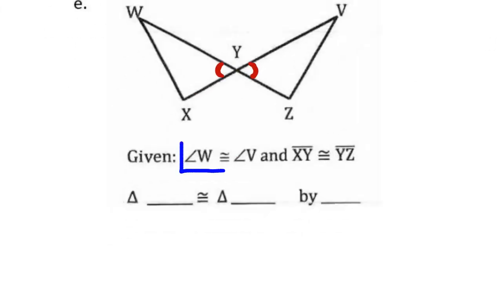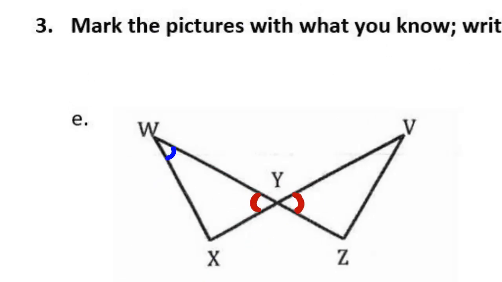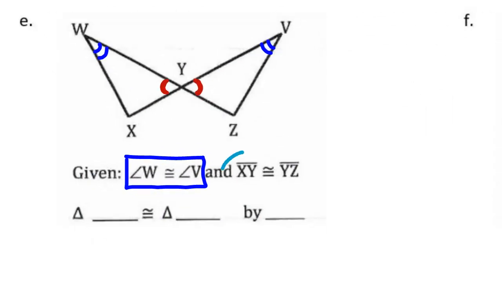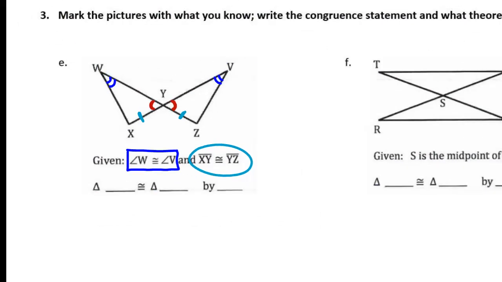It tells me that angle W is congruent to angle V. So here's angle W, here's angle V. And then I'm told that XY, right here, is congruent to YZ over here. Do I have enough to say that these 2 triangles are congruent to each other?